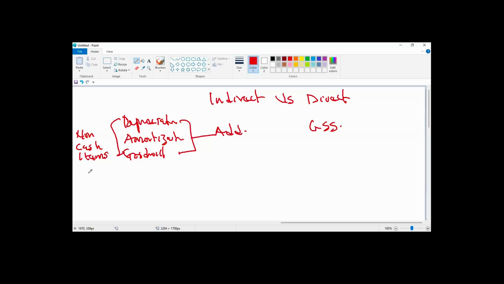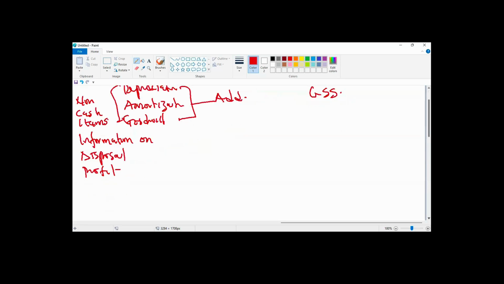Then, if I have information on disposal, what do I do if it is profit? In indirect, I will less; in direct, I will add.